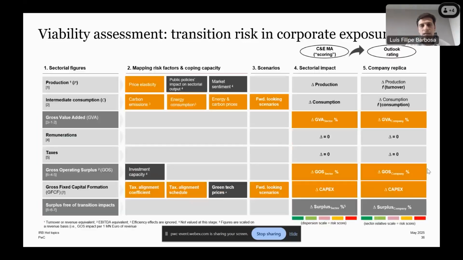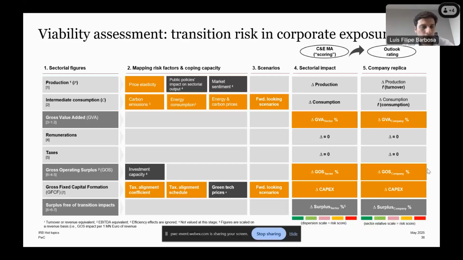So all of these being connected would allow you to move from sectorial figures, going to the different sectors, understanding which factors are most relevant depending on the activity of the clients, and then moving, as you can see in the slide, from the first column to the last column, where you can see the expected increase or decrease in production, and the expected variation in consumption, as I said, also depending on the elasticity that the end goods will have depending on the nature of the products or services being sold.